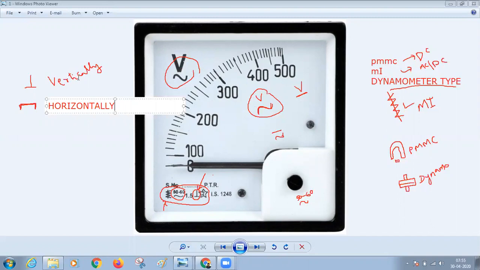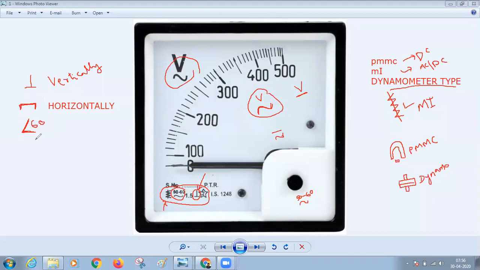Suppose you are given another symbol, which is like this, with some number like 60 or 50 or 20 or 30.